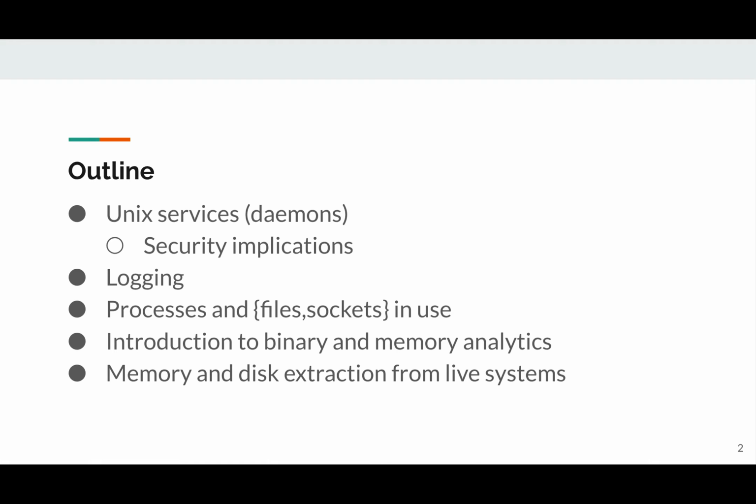We're going to get a rough idea of how processes interact with each other through sockets, files, other inter-process communication mechanisms, and we're also going to examine the memory of a running process via debugger or by offline memory analysis. And we'll also talk a bit about how to extract memory from a live system.